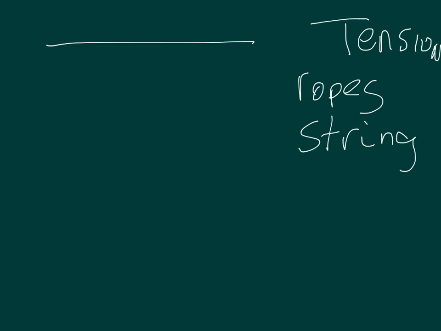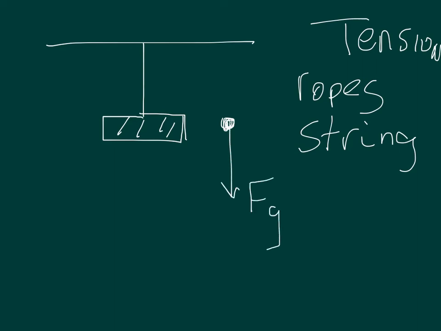For example, if we have a wire holding a block, here's our dot representing our block. You have gravity pulling downward, and you have tension pulling upward. That tension is this string.